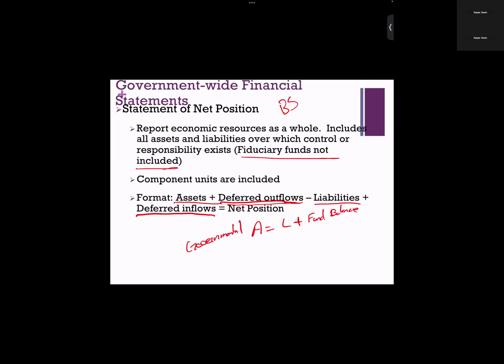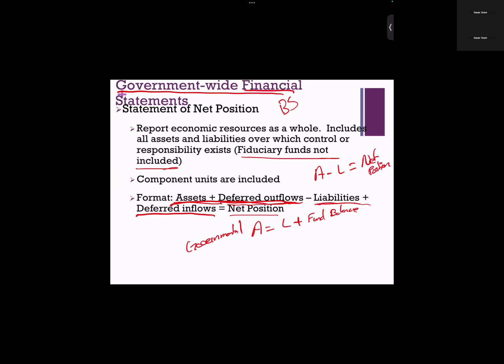The way I remember government-wide is that it's normal full accrual accounting, but the accounting equation is set up differently. So assets minus liabilities equals net position.